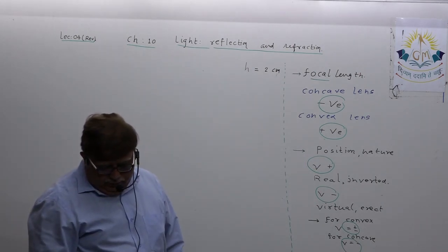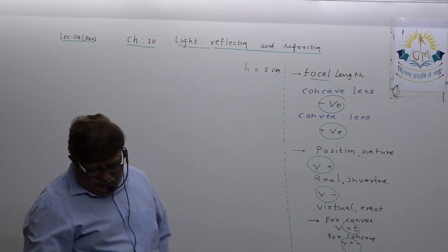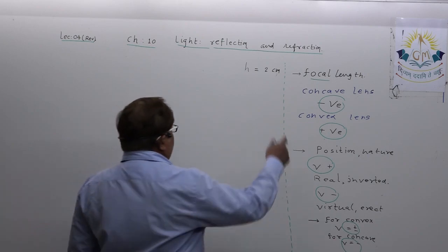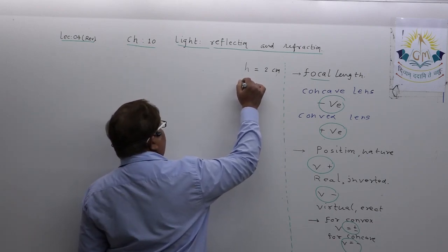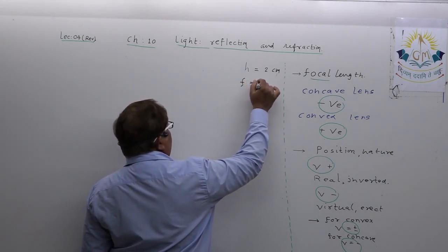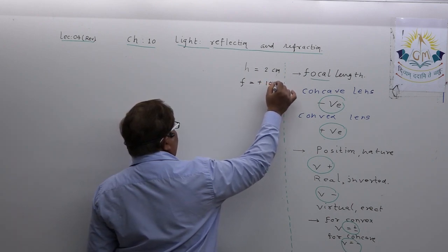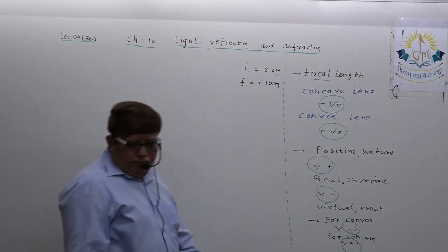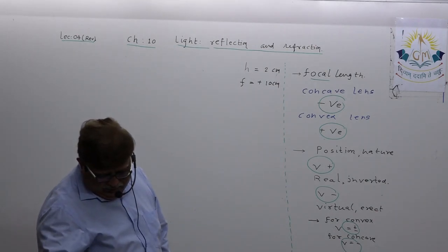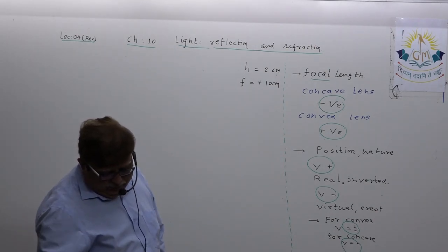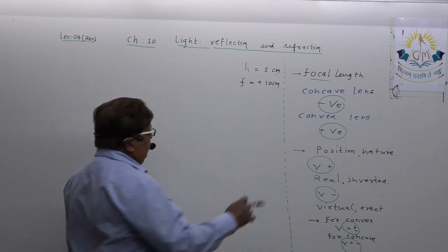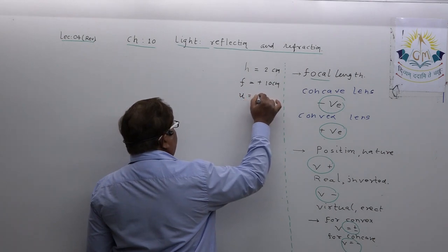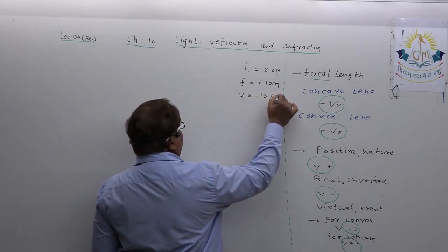It is convex lens, no doubt. Focal length has been mentioned 10 centimeters. So I would like to take f positive. Why? Because it is convex lens. Concept has to be very clear. And the distance of the object from the lens is 15 centimeters, so obviously u is minus in any lens.